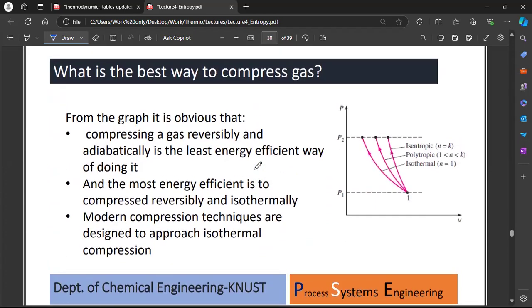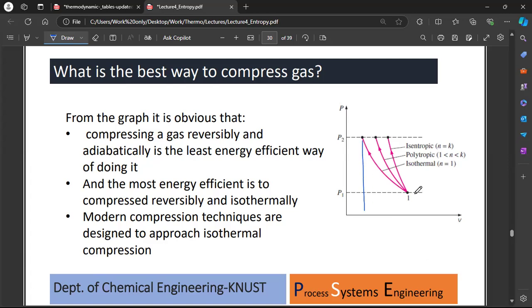Okay. So now let's look at compressing gases a bit further. What's the best way we can compress a gas? If we check the graph on the right, you realize that when we look at an isothermal process, the amount of work we have to do is smaller to get our system from point one to point two. And how do we find the work of a process like this? We have a PV curve.